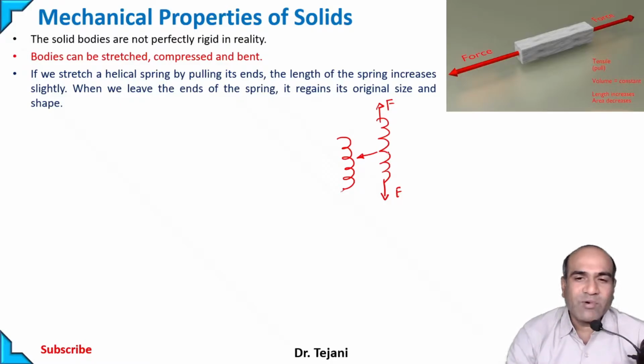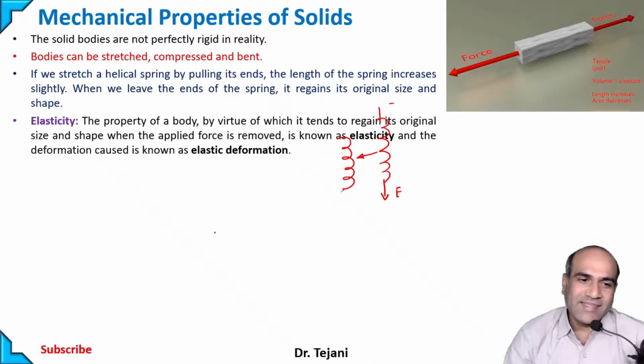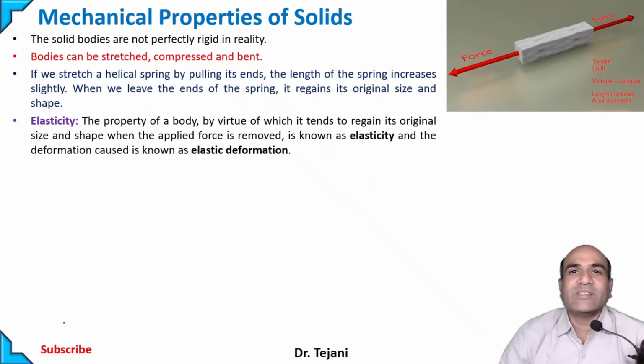Here we are talking about some property. Because of what does this happen? Think and answer me. This property is known as elasticity.